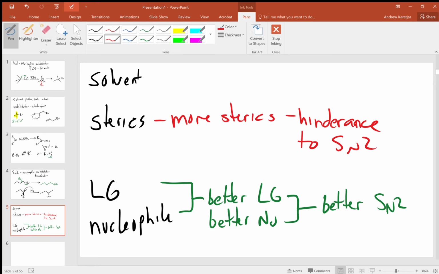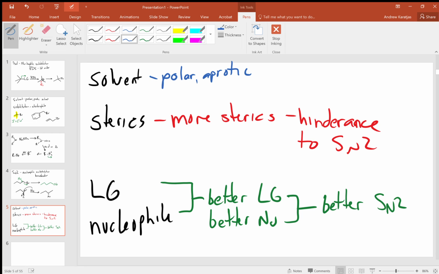Finally, for the solvent, SN2 reactions typically require polar aprotic solvents. And that's because if you use a protic solvent, it can actually coordinate to the nucleophile.